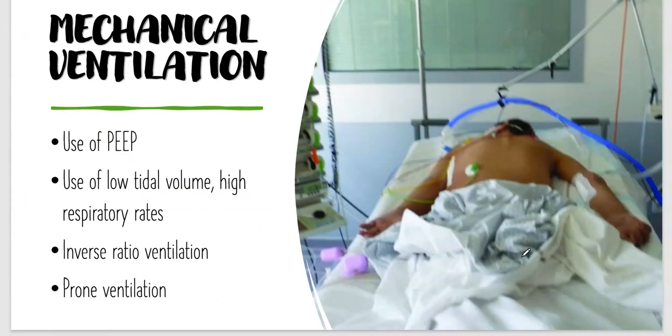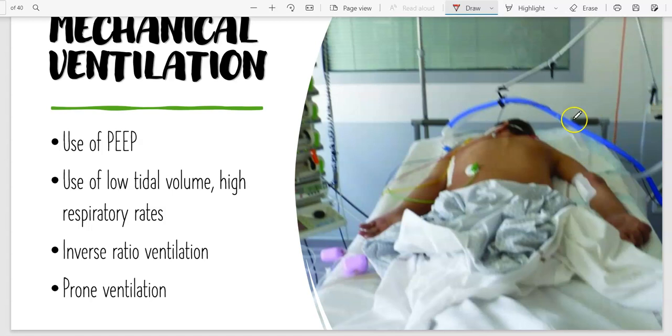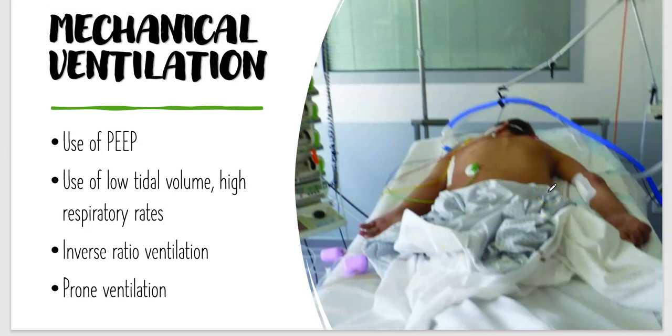Ito, mechanical ventilation. Kita mo yan, a patient who is in prone position. You think that is very ineffective? No. It facilitates actually your appropriate ventilation for your patient. We understand that for any person who's having difficulty of breathing, we always put them in your upright position for maximum lung expansion.